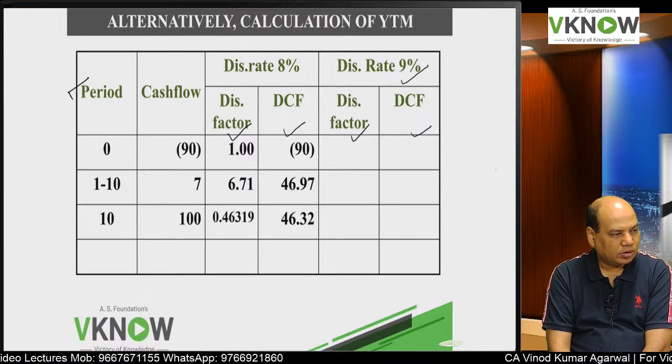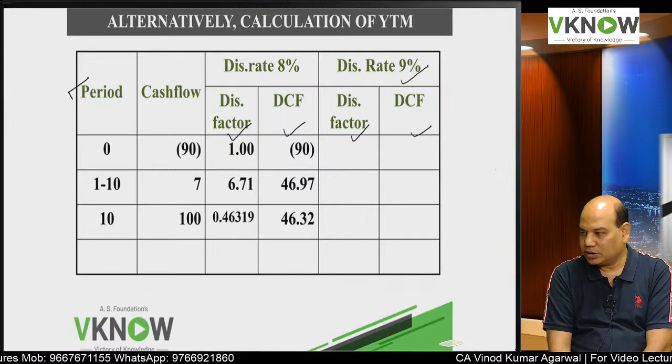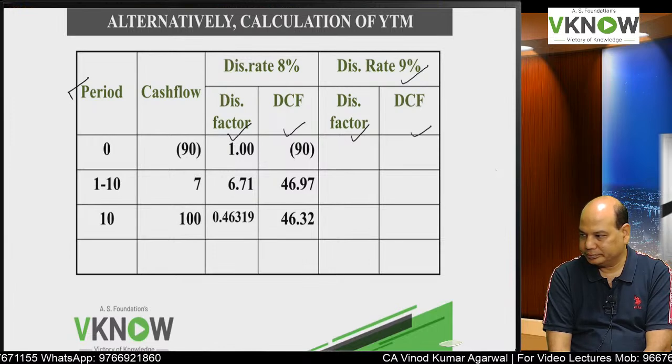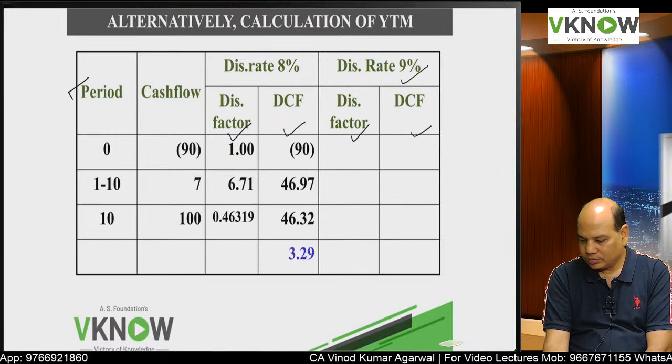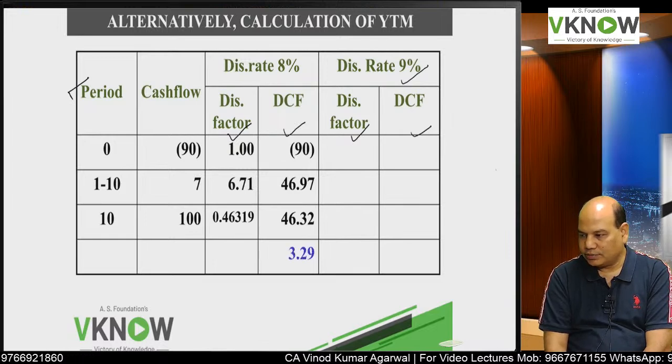Muralidharan, what is the total at 8%? The total is 3.29 positive. If it is positive, which means my IRR is more than 8%.